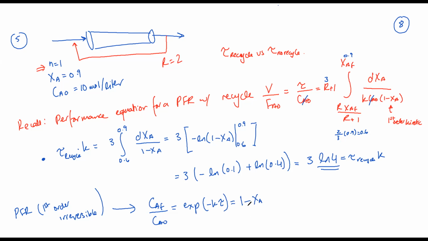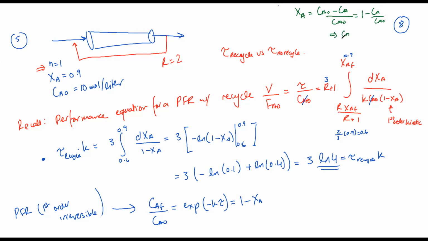Because if you recall the definition, if you forgot about this, let me just have a little box here at the top, maybe in this corner. Okay, let's write it here. XA is equal to CA0 minus CA over CA0, right? It's moles reacted over initial moles, which is 1 minus CA over CA0.